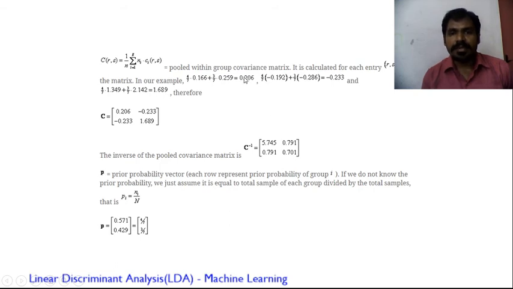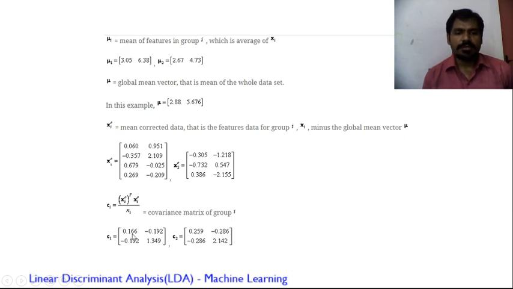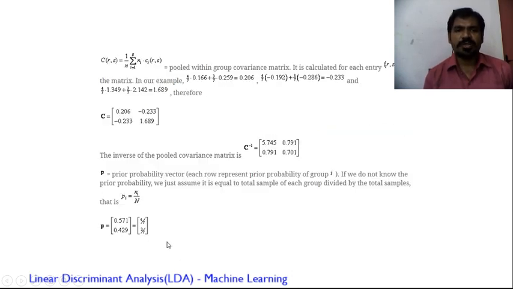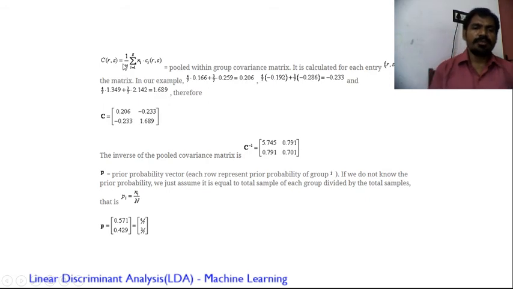I will be getting this. And similarly 4 out of 7 into minus 0.192 plus 3 out of 7 into minus 0.286, I will be getting minus 0.233. And similarly I do it for the other values. So I am trying to combine C1, C2 like this using this equation. So I will be getting the covariance matrix like this.